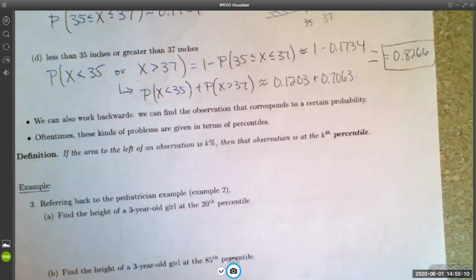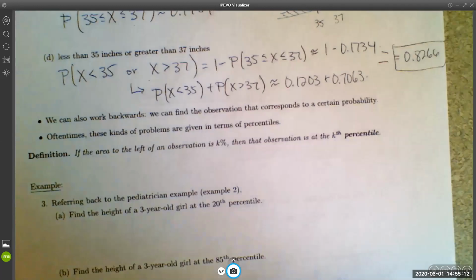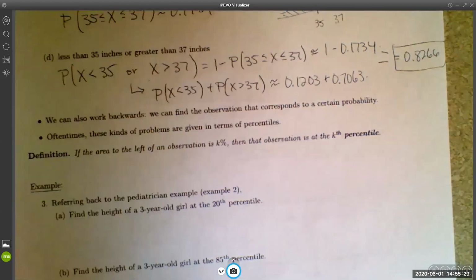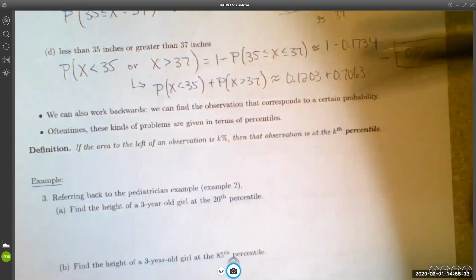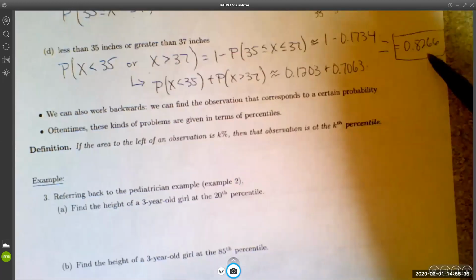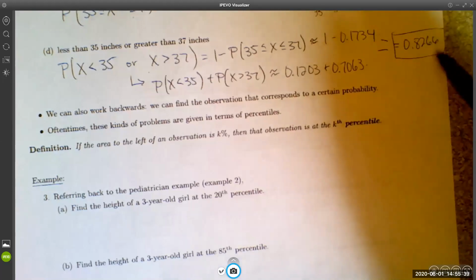So if you scored an 1100 on the SAT and that's in the 65th percentile, then that means that your 1100 is better than 65% of scores, right? Anyway, when you're given a percentile, what you're actually being given is the area, and then you're asked to find what value corresponds to that.